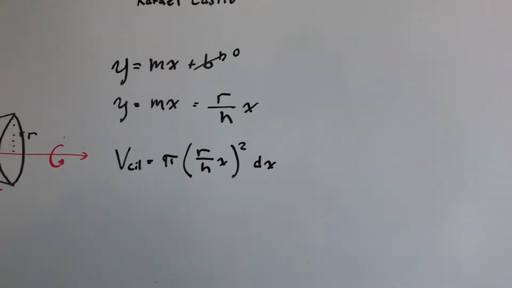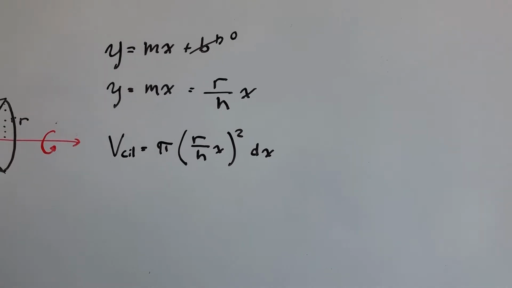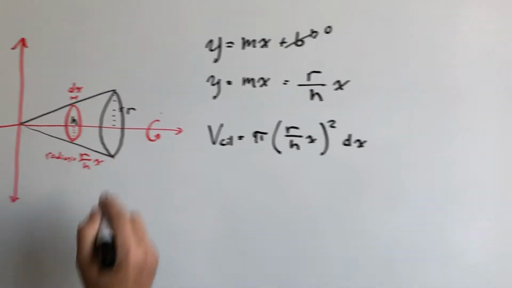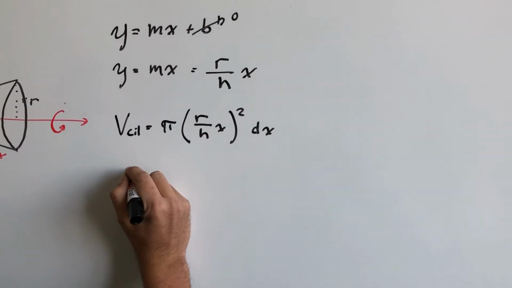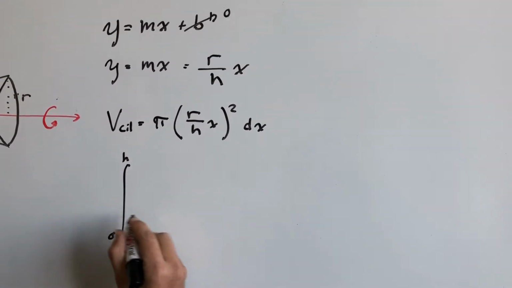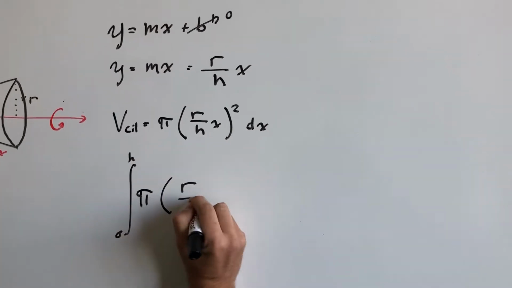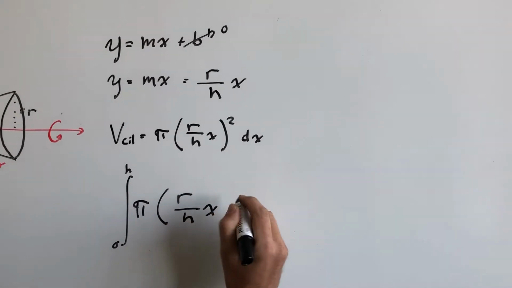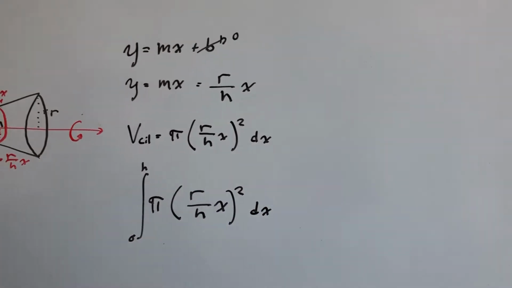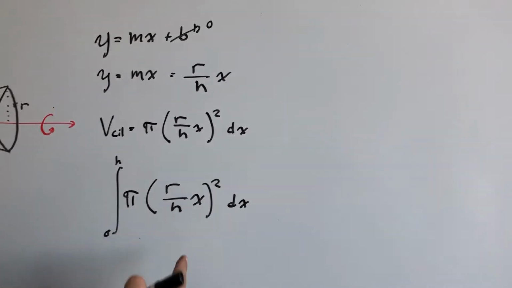Now, in order to find the complete volume of the cone, we have to integrate this from 0 to h, which is the total length. So it is the integral from 0 to h of pi times r over h times x, squared, times dx. Now to integrate this, we have to expand the square.